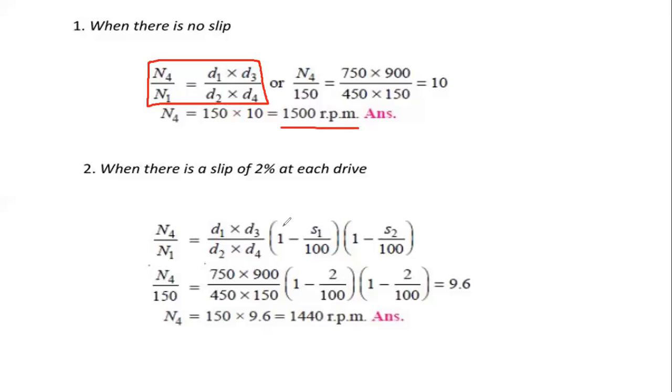We take the same formula, adding the slip conditions, that is 1 minus S1 by 100 into 1 minus S2 by 100, and substitute the same values.